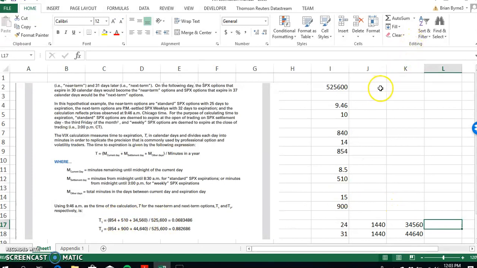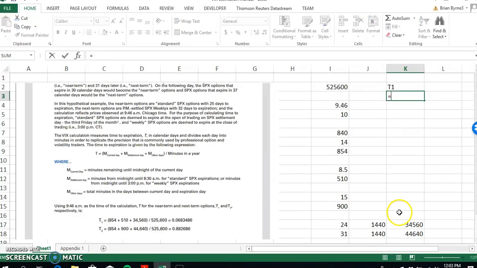Okay, so we then have got to say how much time in minutes for T1. If we were to estimate T1, then T1 would be equal to, first of all, the number of minutes in all the other days, so that's the 34,560. And we have the 510 minutes, so 510 plus we have the 854.